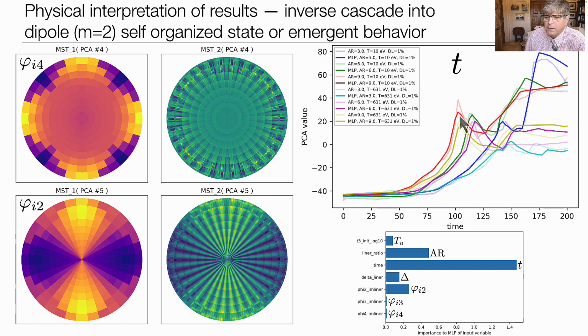We'll start with the largest aspect ratio, or the thinnest liner that has the most acceleration. You see that the evolution is well reproduced, with a singularity or cusp here at the maximum compression, or what's called bang time, right?